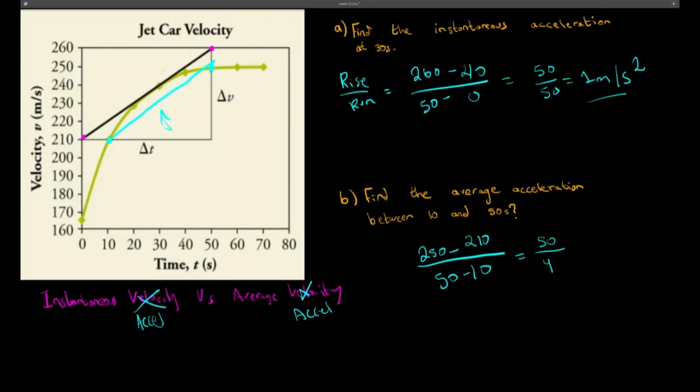So here it's 40 over 40, not 50 over 40. So 40 over 40, 1 meter per second squared. So that's the average acceleration. Just find the secant line, and then we calculate the slope. Same with instantaneous acceleration. So that is how you find these two values.